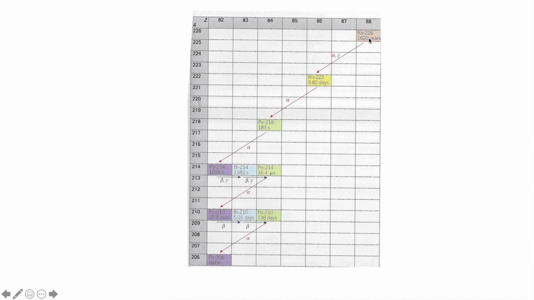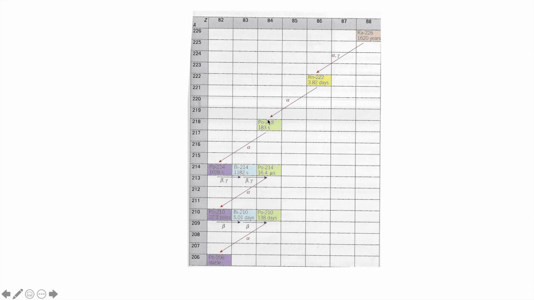So this is an example of a decay chain to something that is stable. You can see that radon 226 has a half-life of 1,620 years, and it decays by alpha, but also emits gamma because it stays in an excited state, and it decays to radon 222 isotope. This only has a half-life of 3.82 days.